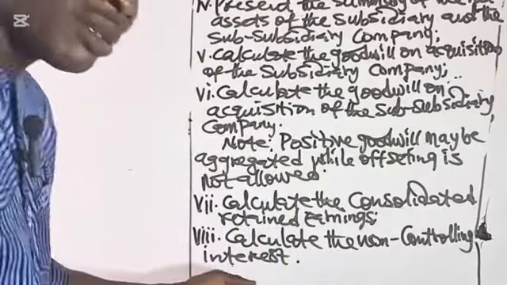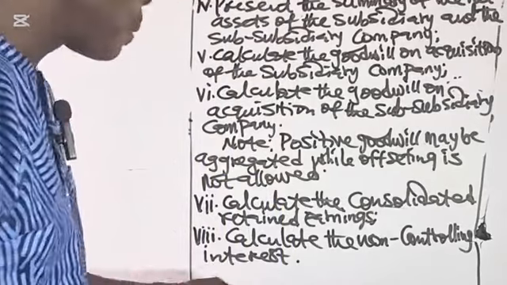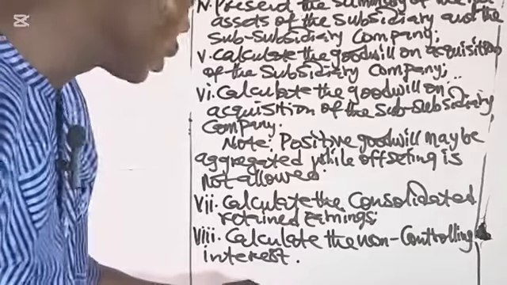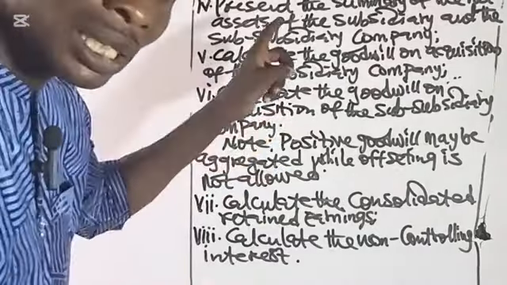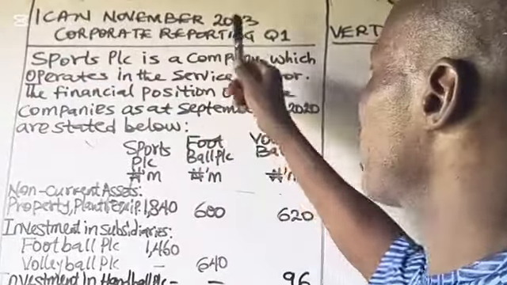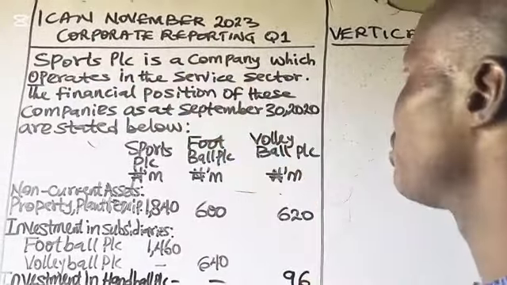I haven't given you the steps you need to follow when preparing the consolidated statement of financial position. Now let's take a question as a worked example. Please keep watching. ICAN November 2023 corporate reporting question number 1.